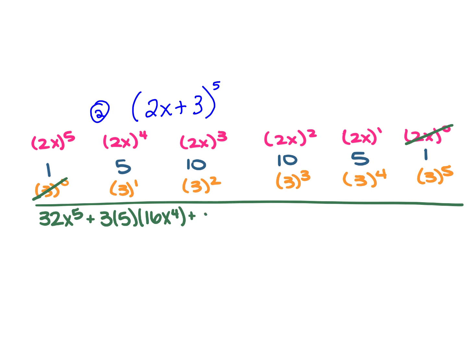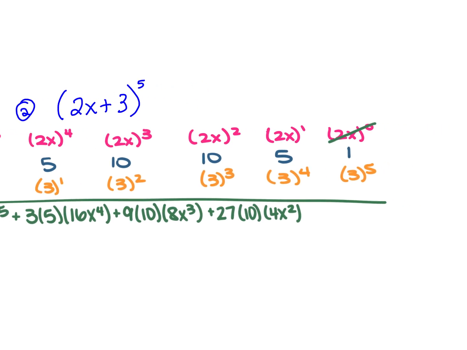Next, you have 3 squared, which is 9, times 10, times 2x cubed, or 2x to the 3rd power, which is 8x cubed. Next, that's 3 cubed, which is 27, times 10, times 2x to the 2nd power, which is 4x squared. Next, you have the 3 to the 4th power, which is 81, times 5, times 2x to the 1st power, which is 2x. And then lastly, you have the 3 to the 5th power, which is 243.